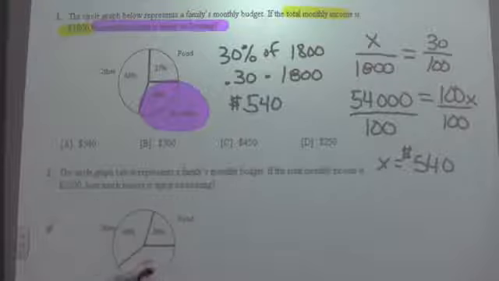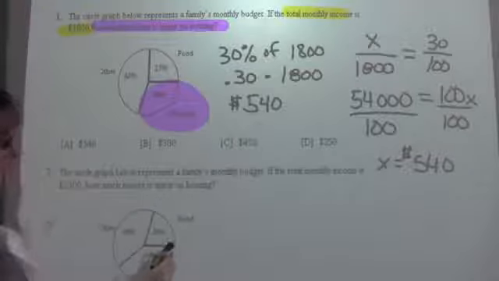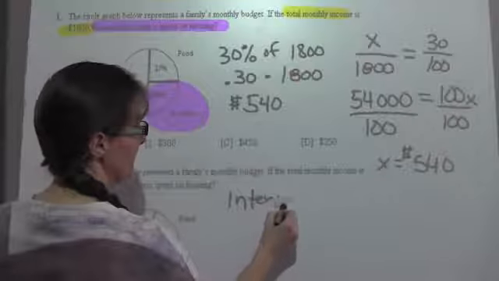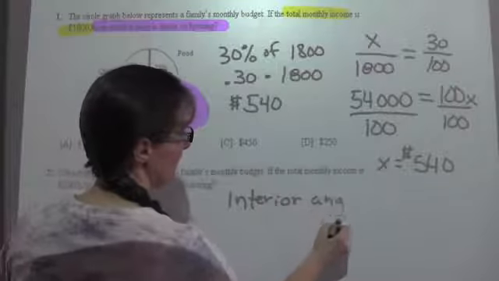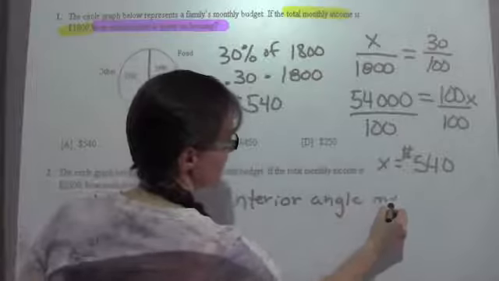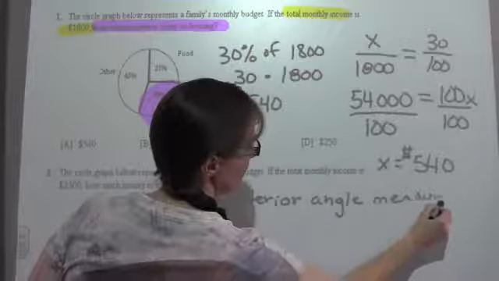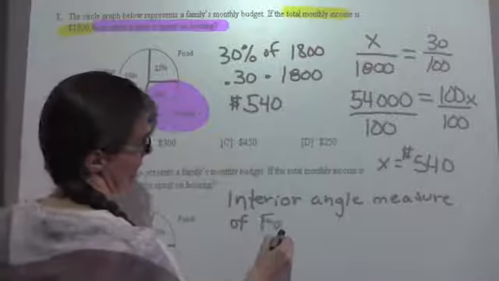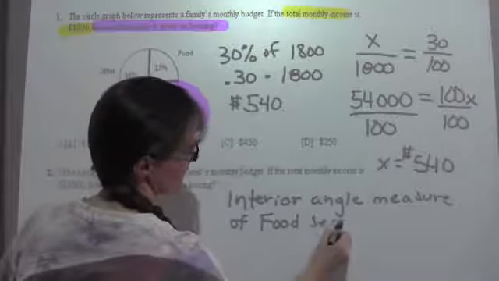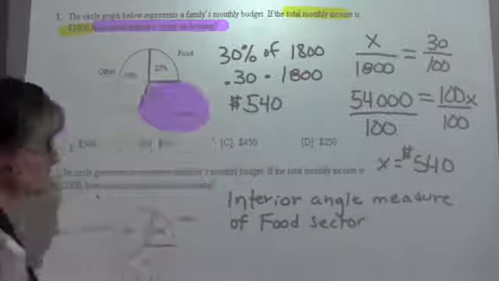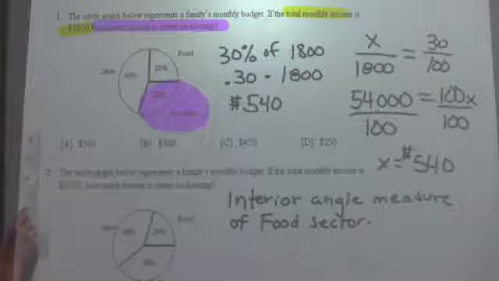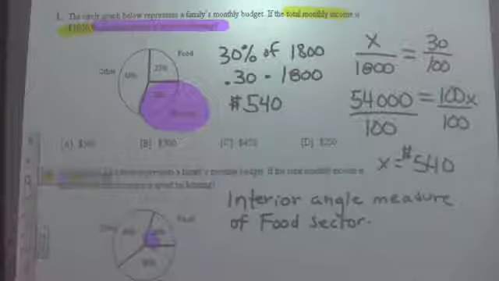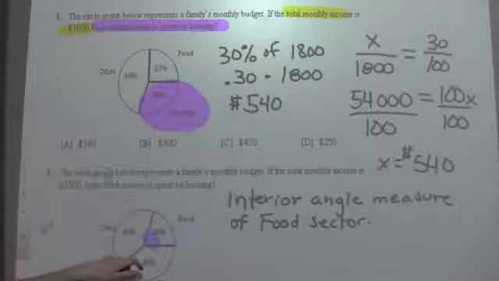What they want to know is the interior angle measure of the food sector. So what that means is I'm looking for this angle right here. Woo, that's really big, but we'll leave it like that.